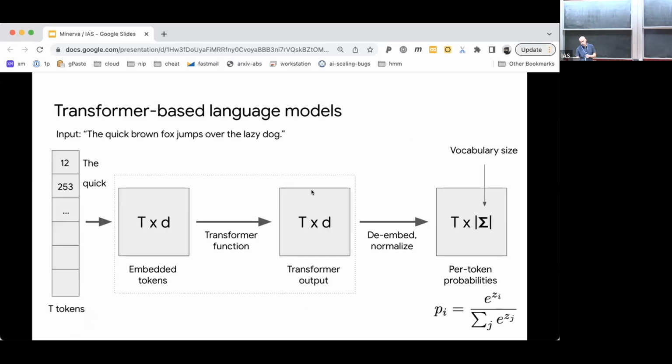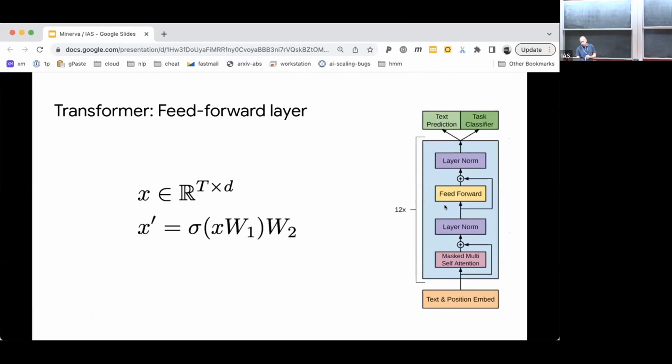Now we'll focus on this transformer function and what it actually does. What are these layers that do this calculation? So first we have the feed forward layer. This one is very simple. Let's say that the thing that goes in, this black arrow, is our input into the layer. It's a T by D matrix. And the feed forward calculation is a simple 2-layer feed forward network acting on every token individually.